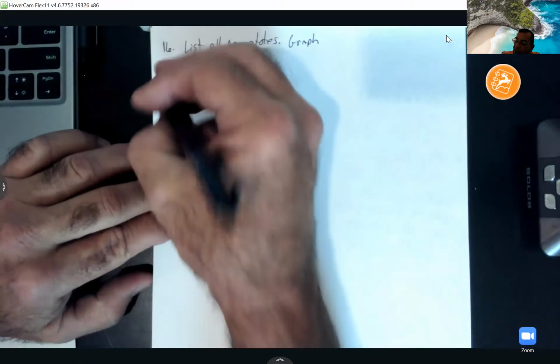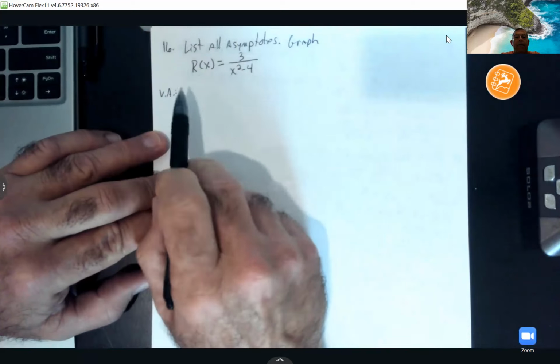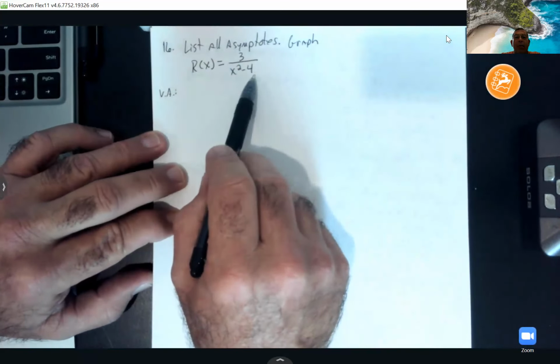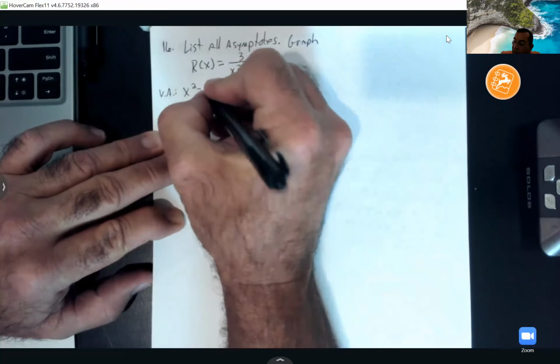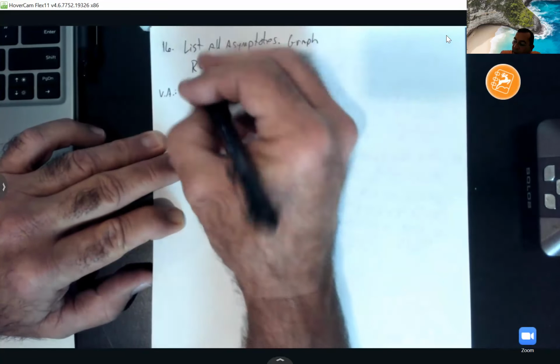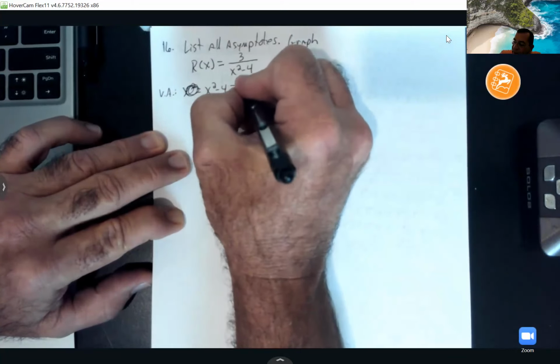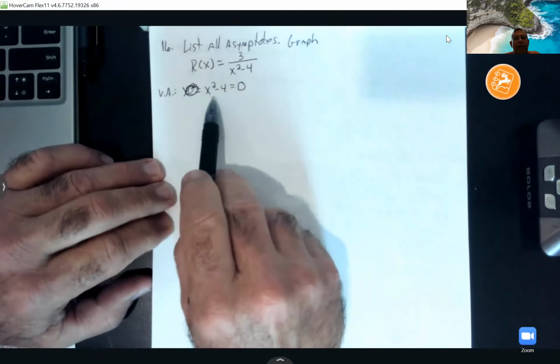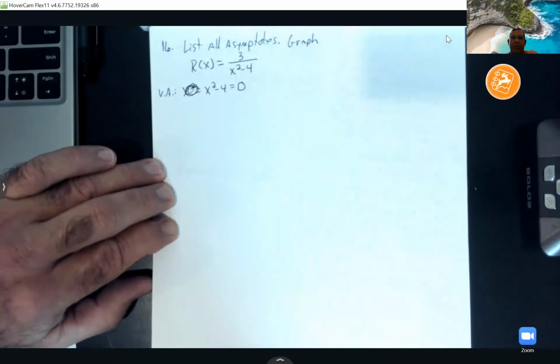All right, y'all. So I'll start with my vertical asymptote. I'll find those by setting the bottom equal to 0. x squared minus 4 equals 0. I'll solve that for the x's. That'll give me my vertical asymptotes.